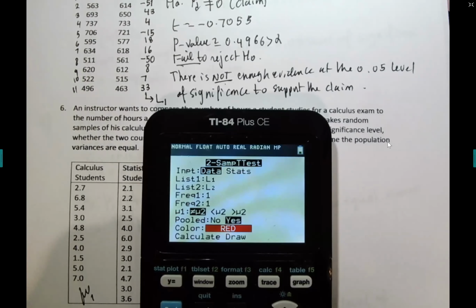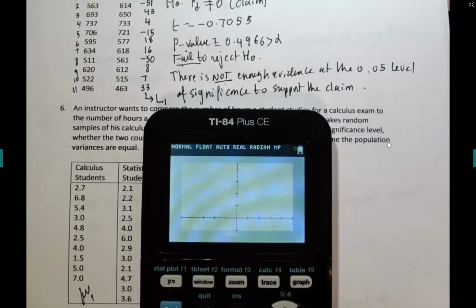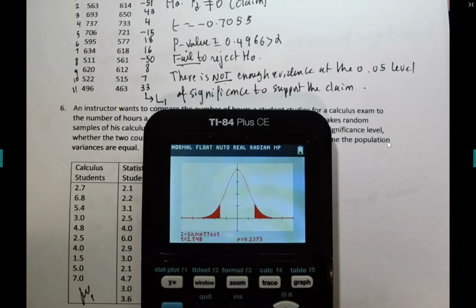And let's do a draw if you like. And watch the results shown on the screen. Oh, it's a huge p-value here. So we're going to fail to reject H0. So T is 1.548 and p-value is 0.1373.